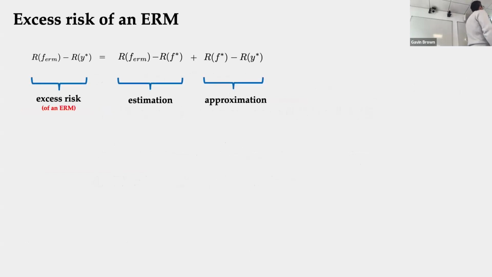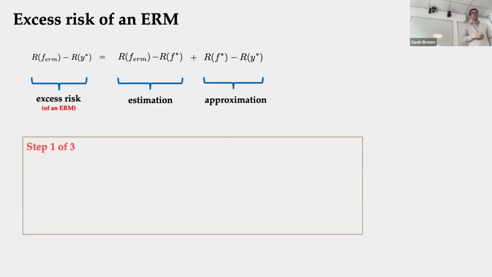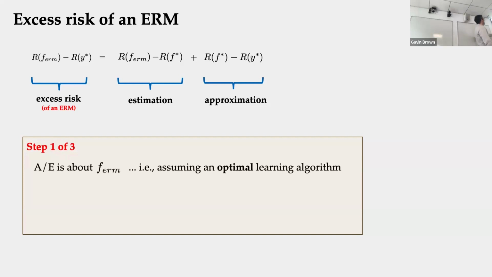So here's the excess risk. That is the performance of the model above that of the Bayes model, and it's broken into these two components. Step 1 of 3 that we're going to talk about is simply noting that this is about the risk of the ERM, as in the best possible model that you could hypothetically find with your finite set of data.